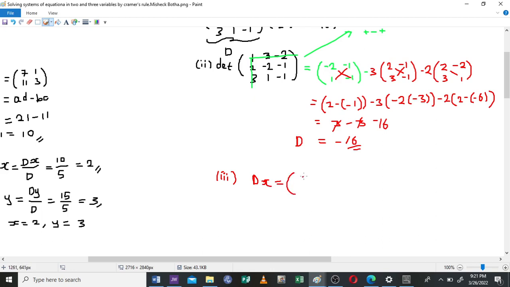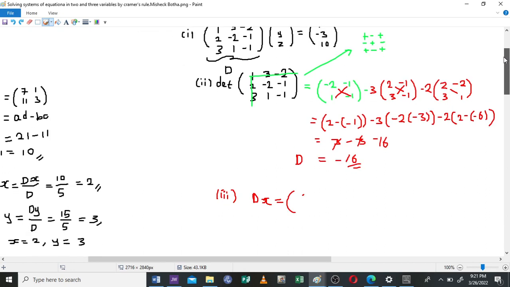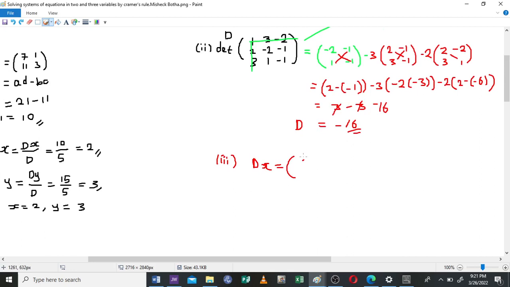Well, you substitute your first column by your matrix of constants. So our matrix of constants is 7, negative 3, 10, right? So this is what we have. So we have 7, negative 3, and 10 right there, while the other two columns will remain the same.